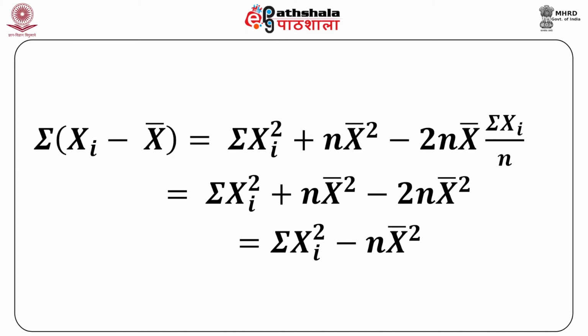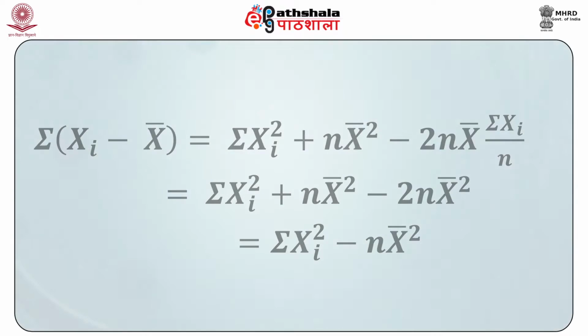Further, summation xi minus x bar whole square is equal to summation xi square plus summation x bar square minus 2 summation xi x bar, which is equal to summation xi square plus n x bar square minus 2 x bar summation xi, as x bar is a constant.